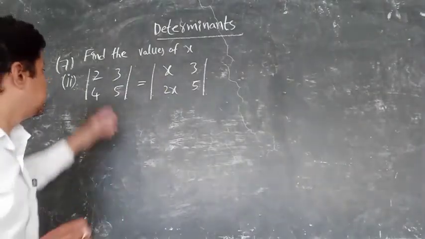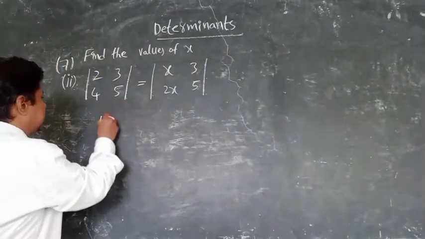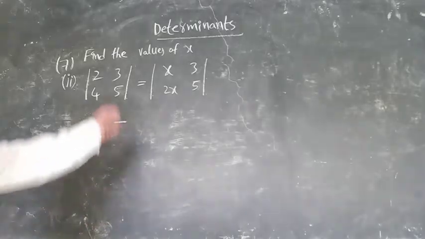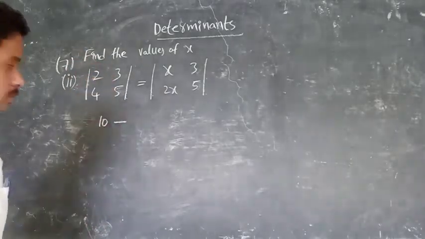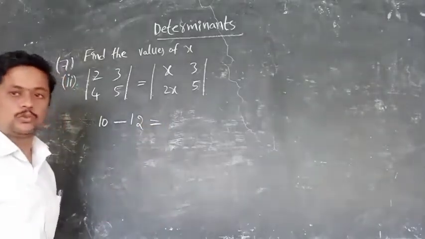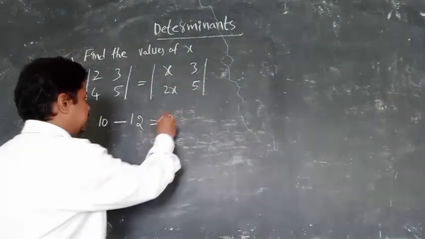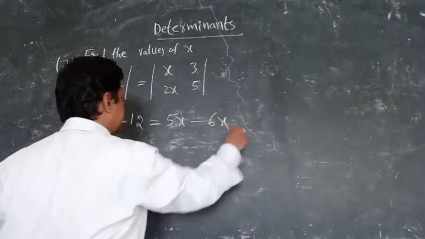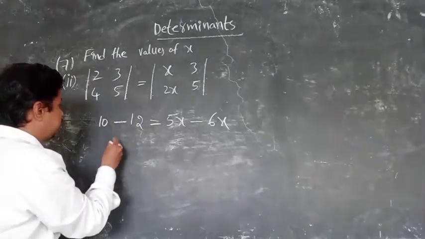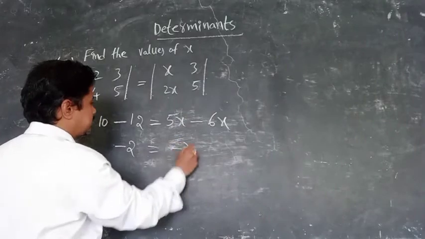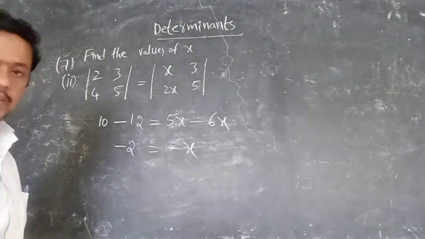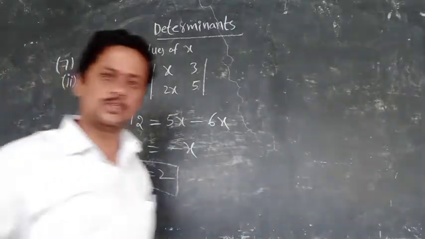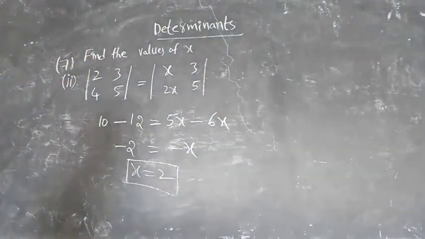Now how to do this one? 2 fives are 10, minus 4 threes are 12, is equal to x into 5, 5x, minus 3 into 2x, 6x. 10 minus 12 is minus 2, 5x minus 6x is minus x, so minus 2 is equal to minus x. Minus cancels, x is equal to 2. Like that you have to simplify. This is also one of the important questions.